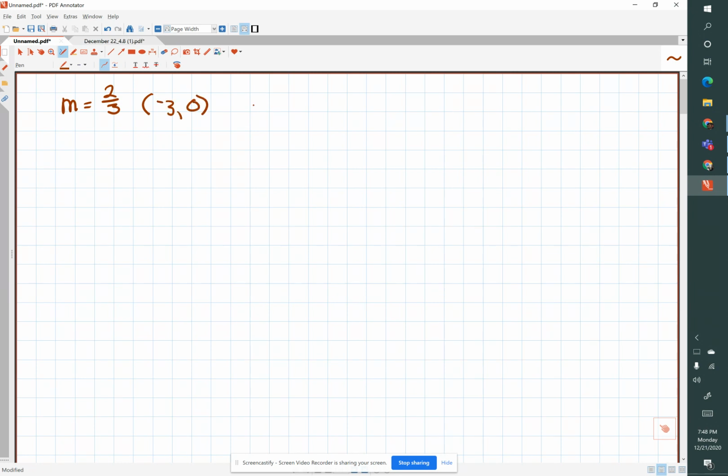So what we need is point slope form. So y minus 0 equals 2/3 times the quantity x minus the -3, which is +3. And when we solve for y, we end up with y equals 2/3 x plus 2.